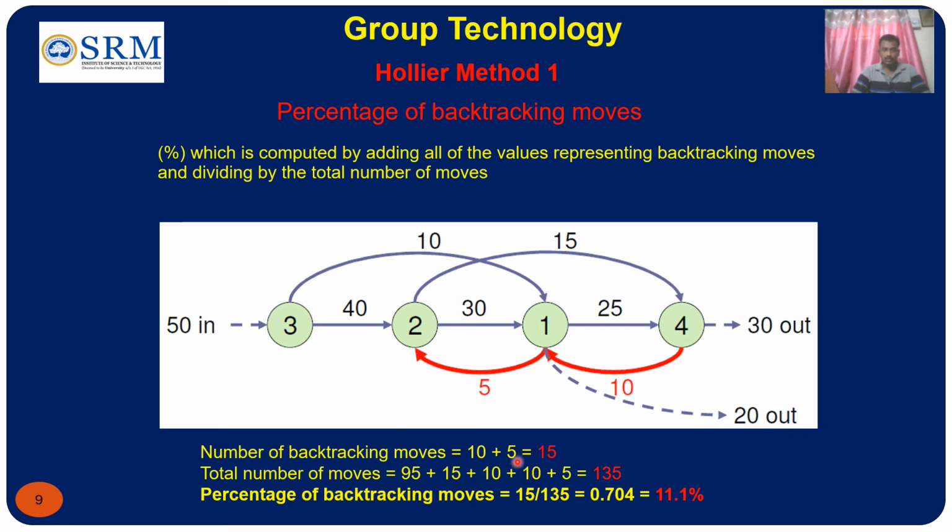So the number of backtracking moves is 10 plus 5, which is 15. The total number of moves, already calculated in the previous step, is 135. So the percentage of backtracking moves is 15 divided by 135, which is 0.111, that is 11.1 percent. I think there was a calculation mistake earlier; it is 11.1 percent.